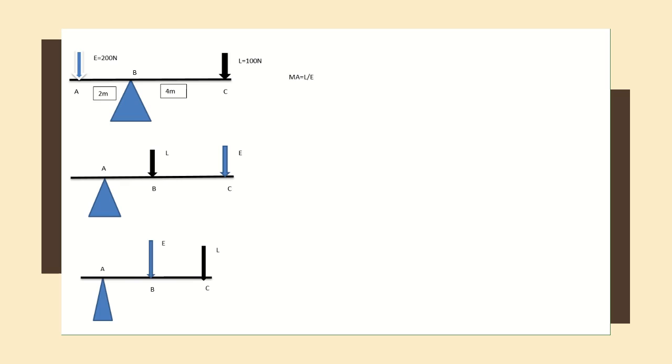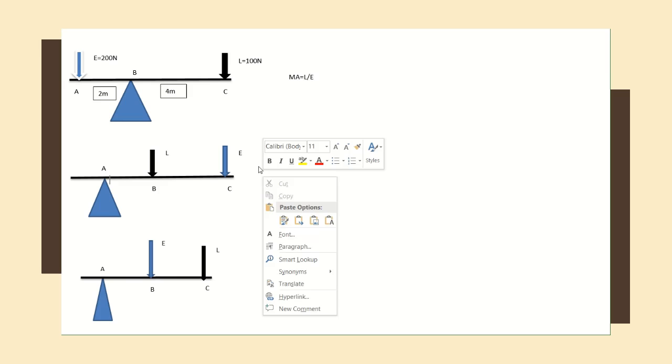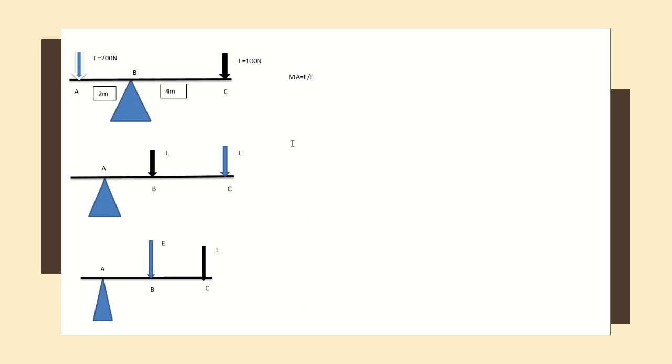If we know the load, which is 100 newtons, and the effort is 200 newtons, then from there you are able to calculate the mechanical advantage. That's the formula for each of these levers. The formula for the second class lever will also be the same: mechanical advantage equals load divided by effort.